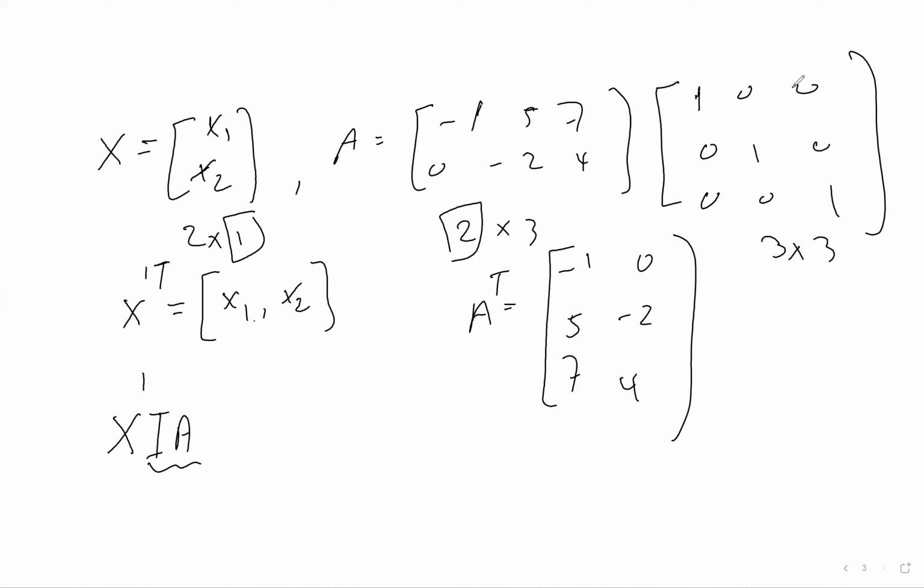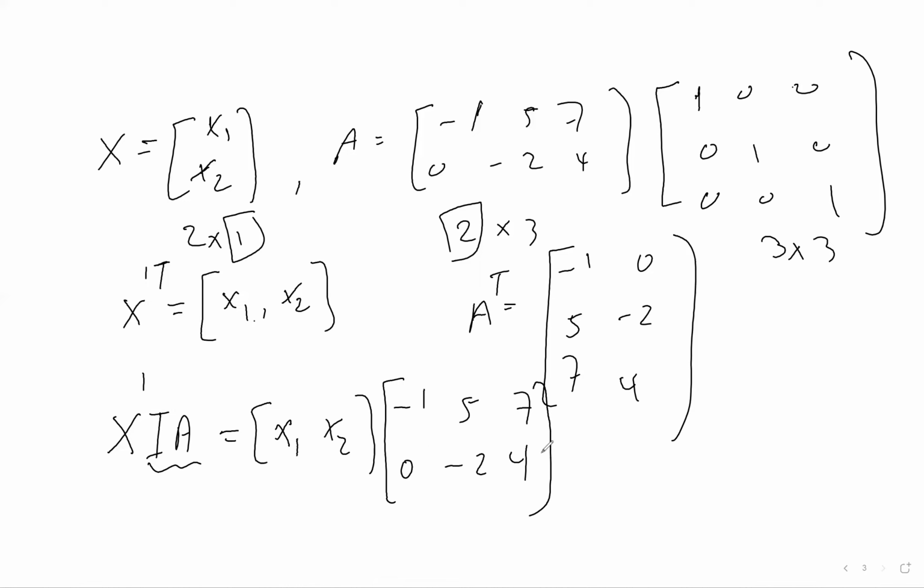But let's do this one, where we have the transpose of X, where we have X1, X2, and then you multiply it by the identity matrix times matrix A, which gives you again the same thing, and that is -1, 5, 7, 0, -2, and 4.